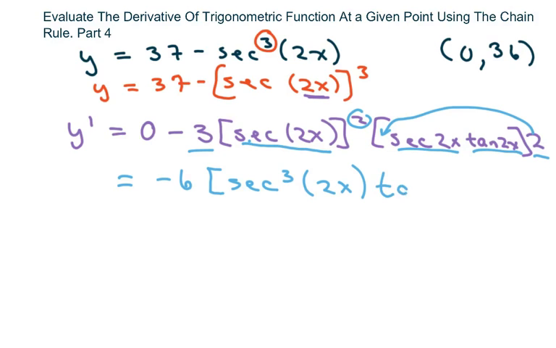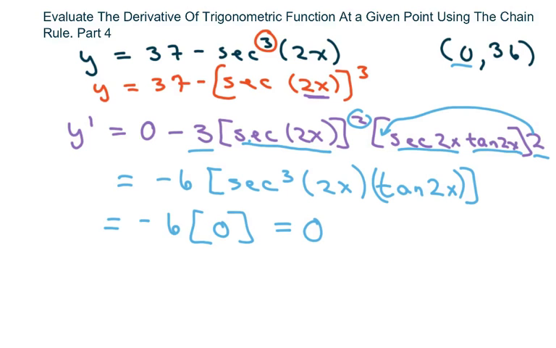So that's going to be tan of 2x. Very simple since we're just multiplying all this. And then we're going to evaluate at 0. So basically we're just going to get negative 6, and if you plug in 0 in these, you're just going to get 0. So our answer is 0.